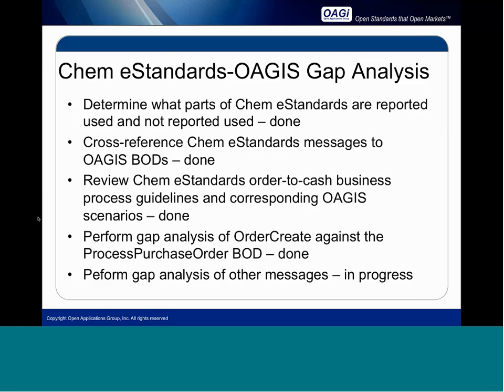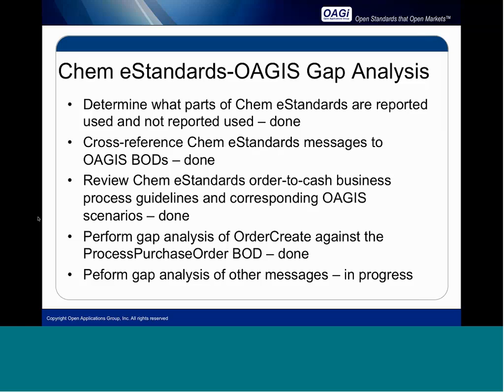The first one was to determine what parts of CHEMI Standards are reported used and not reported used. We've done that. That was important to make sure that if there are parts of CHEMI Standards that no one uses, we don't take the time to conduct the gap analysis, nor do we risk putting into OAGis requirements that aren't important. The next thing was to cross-reference CHEMI Standards messages to OAGis BODs, and we've completed that.